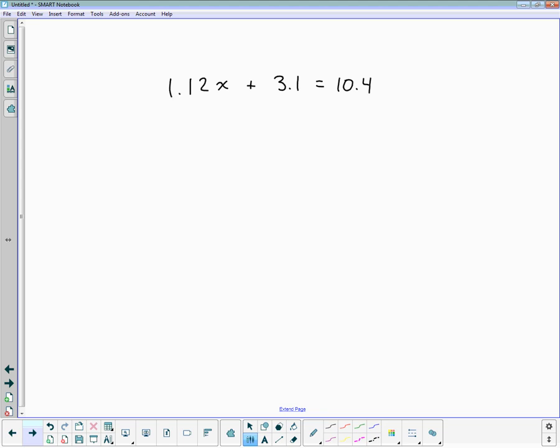Make that a 1. All right. Well, if I used a 10, that would only move 1 decimal point, right? And that would be okay for the 3.1 and the 10.4. What are you going to use if you want to get the 1.12? You got to get 2 decimal places. Yeah, you're going to use 100 because 100 is going to move 2 places. And that's going to take care of this guy.